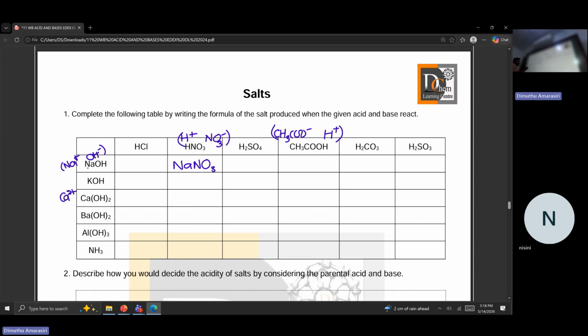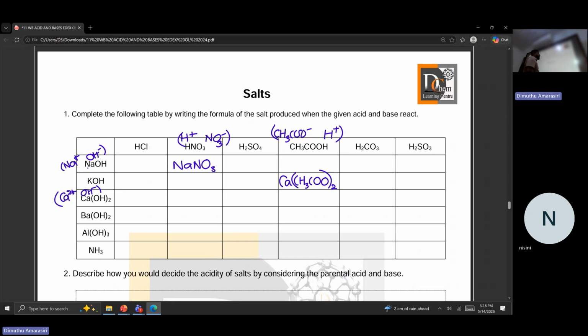Calcium hydroxide has Ca2 plus and OH minus, two OH minus are there, but I'm not considering that. Since calcium is 2 plus, calcium ethanoate can be written like this: (CH3COO) twice. You don't write the charge when you write the salt, so you put a bracket and put 2. Why? Calcium is 2 plus, ethanoate is minus 1. Therefore, you have to balance the valencies. Can you understand? Right? The formula of the salt.